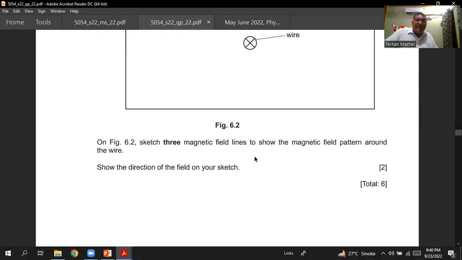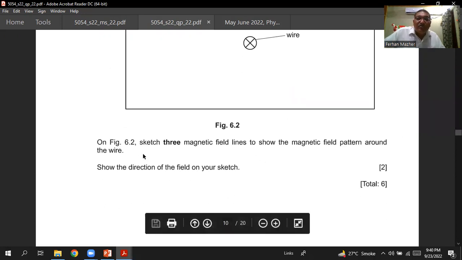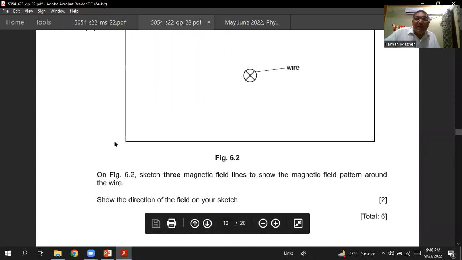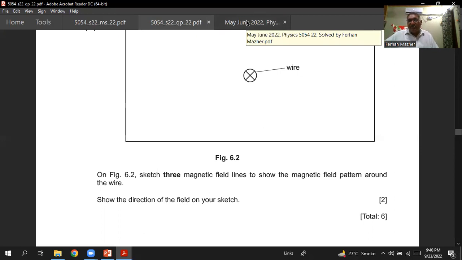On figure 6.2, sketch 3 magnetic field lines to show the magnetic field pattern around the wire. Show the direction of the field on your sketch. It's a 2 marks question. So I will use the right hand rule. This is my right hand, and I will hold it like this.